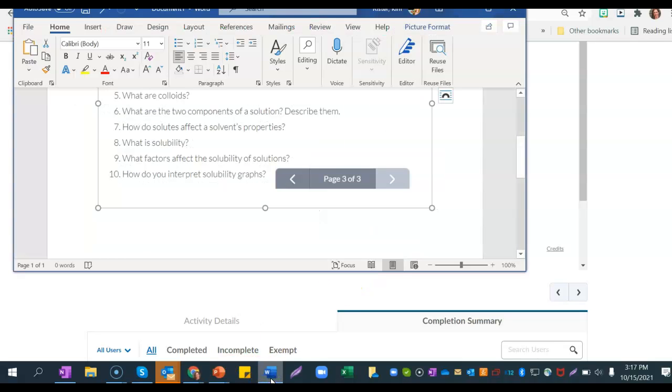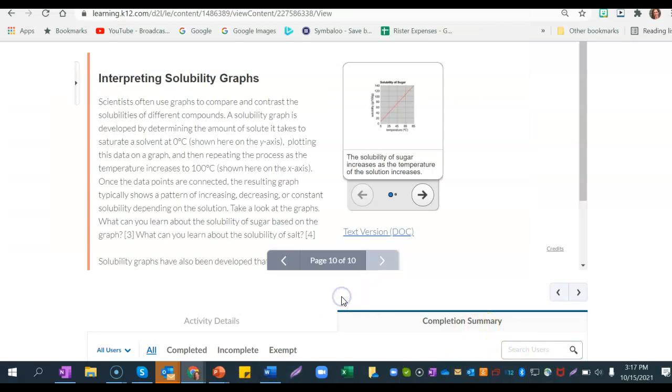Okay, and as we get to the last slide here, we're looking at our last guiding question. How do you interpret solubility graphs? So that's what we're looking at. Scientists often use graphs to compare and contrast the solubilities of different compounds. A solubility graph is developed by determining the amount of solute it takes to saturate a solvent at 0 degrees Celsius, shown on the y-axis.